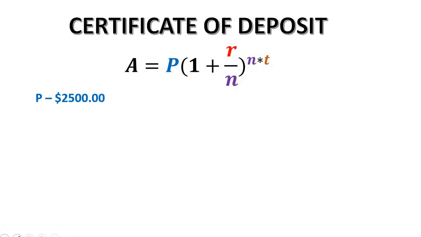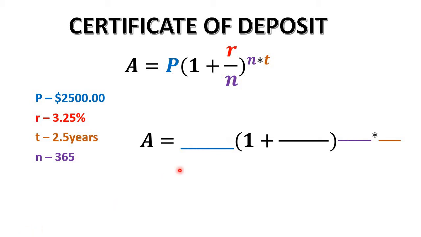Okay, so P is $2,500, R is 3.25%, T is 2.5 years, and N again is 365 because it's my certificate of deposit. Okay, what value are we going to put in right here for P? Perfect, 2,500. What value goes right here in the top of our fraction?